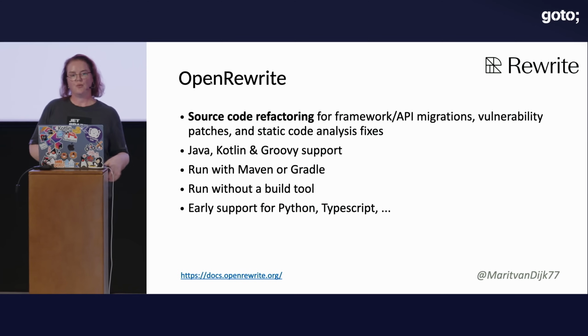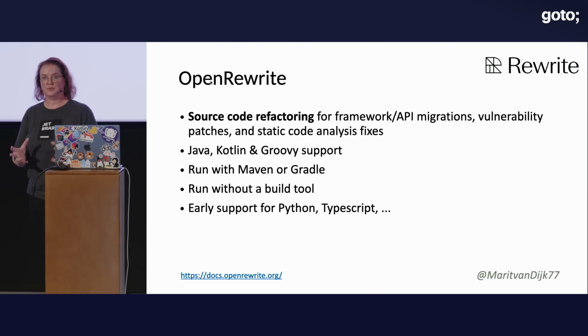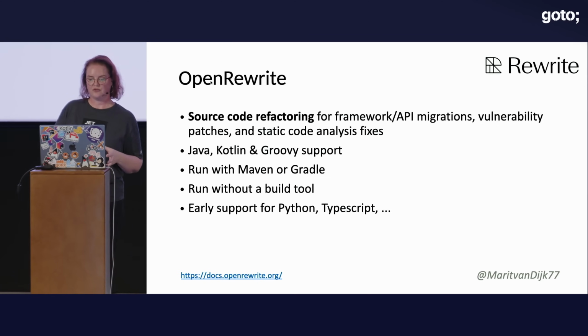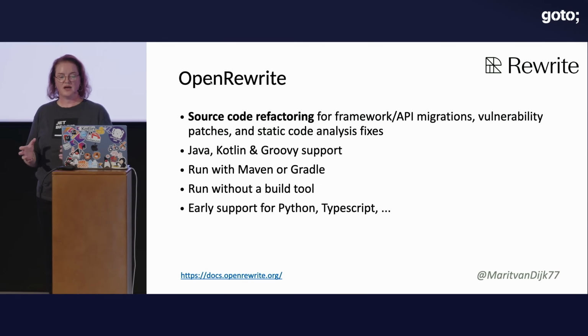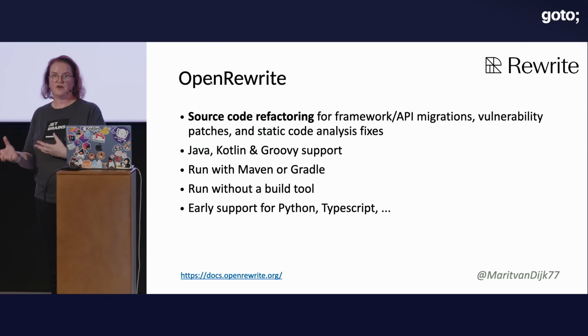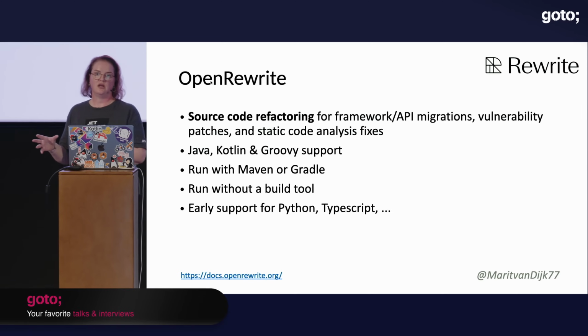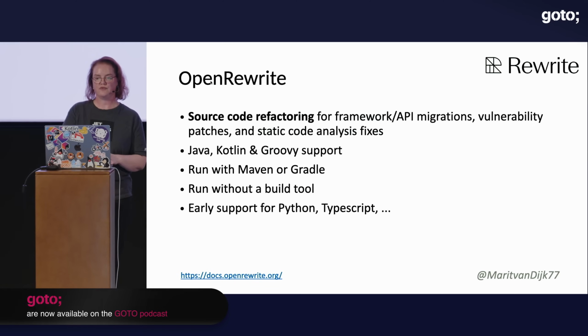The last tool I want to tell you about is OpenRewrite. OpenRewrite is explicitly intended for migration. It's a source code refactoring tool for framework and API migrations, vulnerability patches, and static code analysis fixes. So if your SonarQube is lighting up, there are recipes in OpenRewrite that can help you fix those findings.